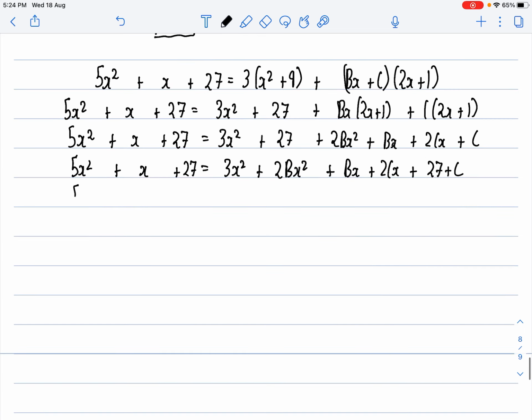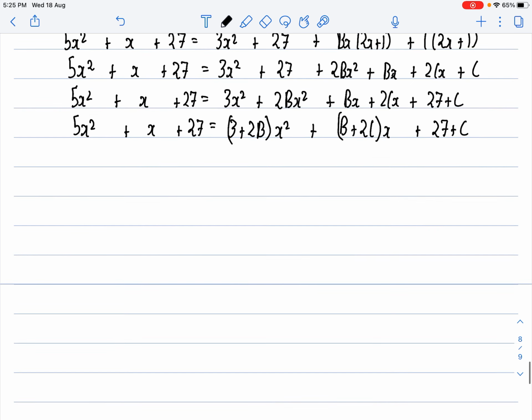Now you can write this as 5x square plus x plus 27, which is equal to 3 plus 2b, and I can simply take x square common, plus b plus 2c and I can take x common, plus 27 plus c. Okay, this is what I basically get. Now you just need to compare.